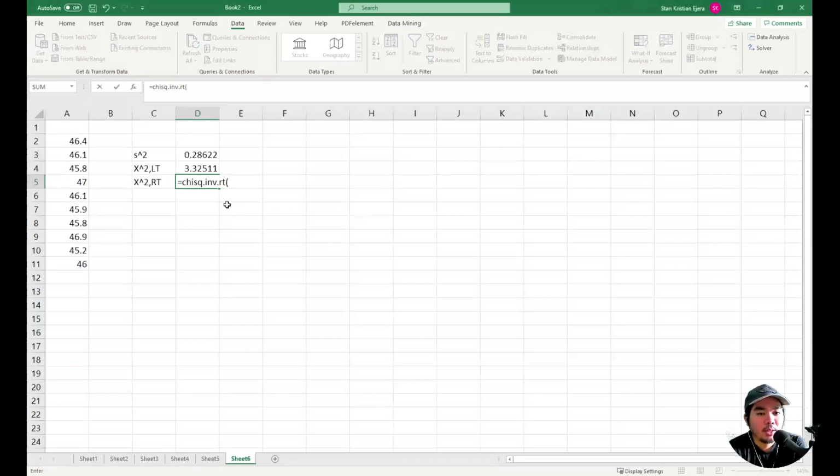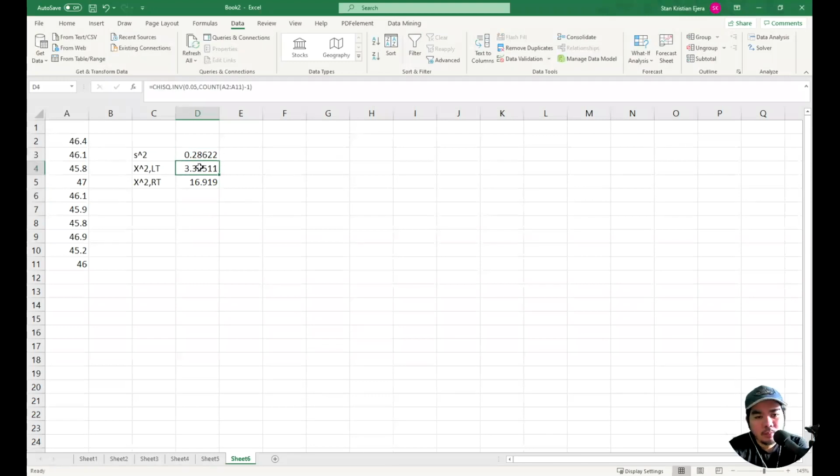Okay, yun yung gagawin natin. 3.325. Sorry, probability is 0.05. Degrees of freedom is count minus 1. Sorry, minus 1. Or pwede rin actually yung gawin nyo is chi squared inv tapos hindi kayo mag-RT pero ang i-input nyo is 0.97.